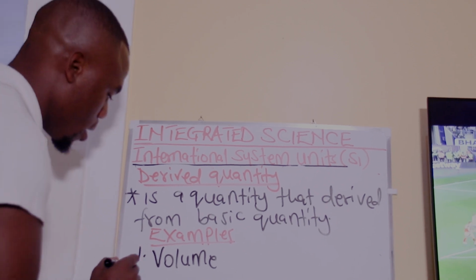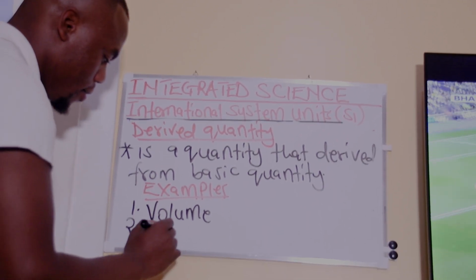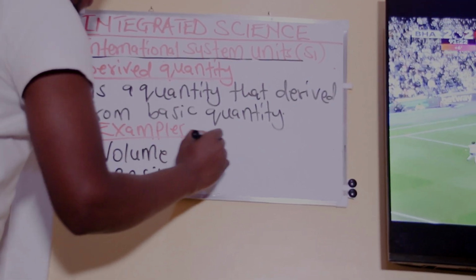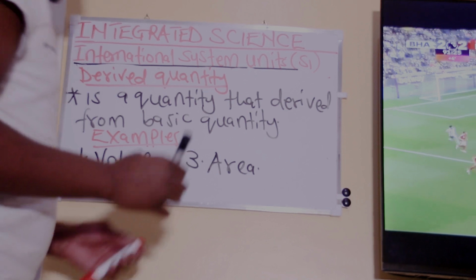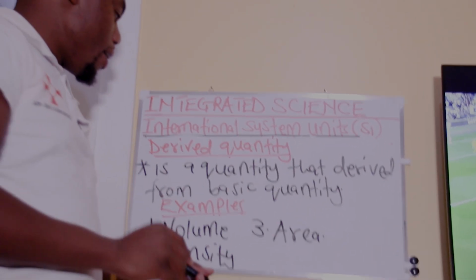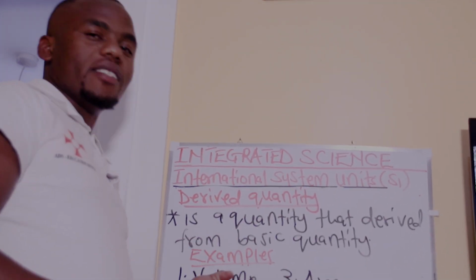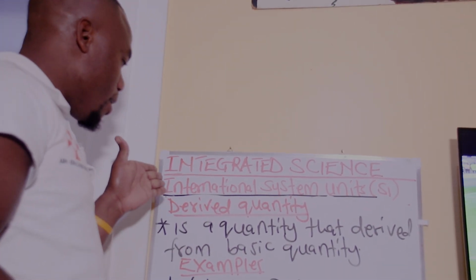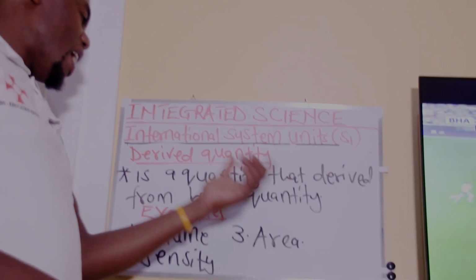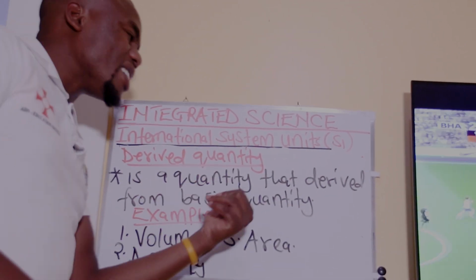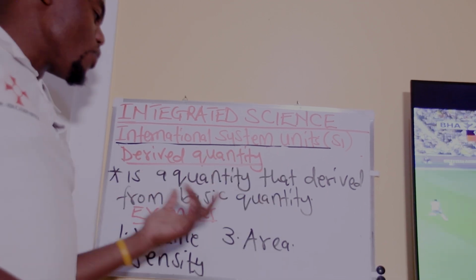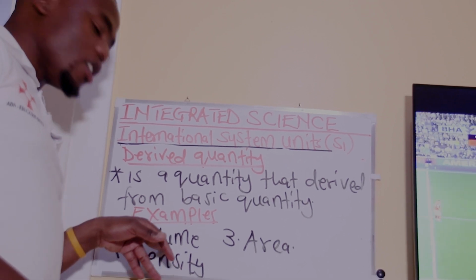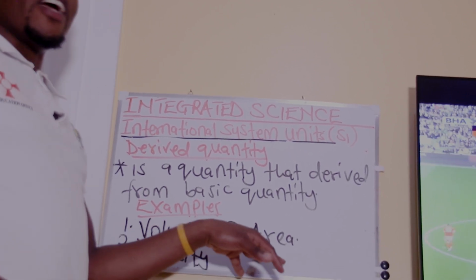The second one is density, and the third one is area. So any quantity that can be derived from a basic quantity is a derived quantity. One of them is volume, density, and area.